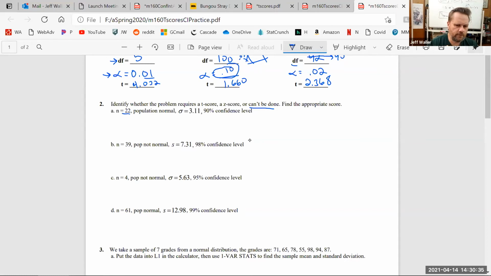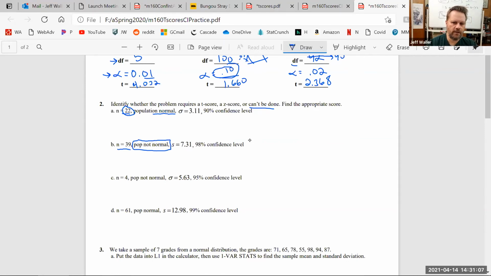It might not be normal, because it's not bigger than 30. But what does the very next thing say? The population is normal. So does that mean it's okay to have 22? Of course it does. When do I need the sample size to save me? When the population is either unknown or I know it's not normal.